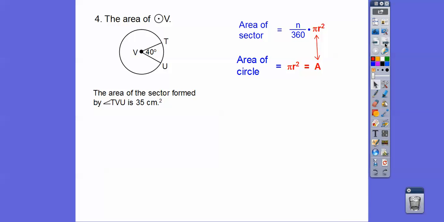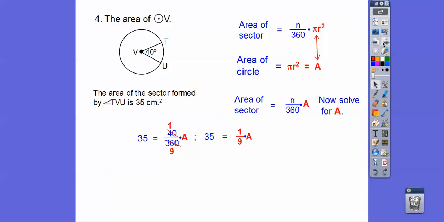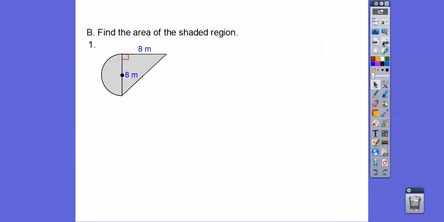What I'm going to do is just let that be A, and then we just solve for A. The area of the sector is n over 360 times A, where it's 40 over 360 A. So put in the 35 because the area of the sector is 35, and then just go ahead and cancel, and then you can multiply, and we get about 315 for the whole circle, 315 centimeters squared.